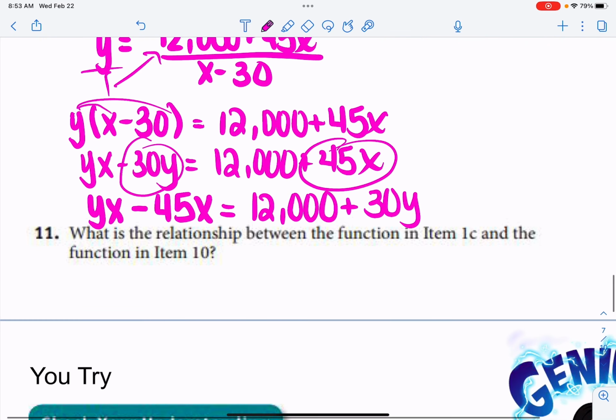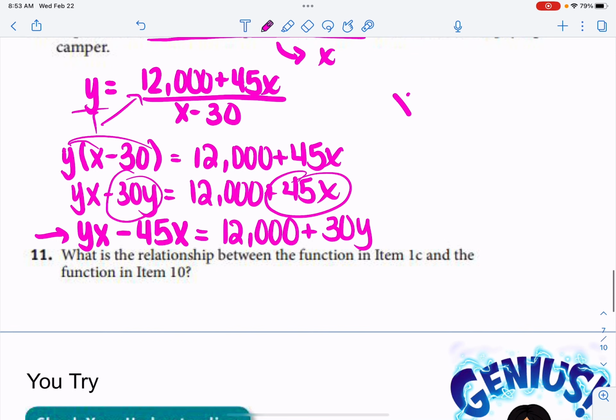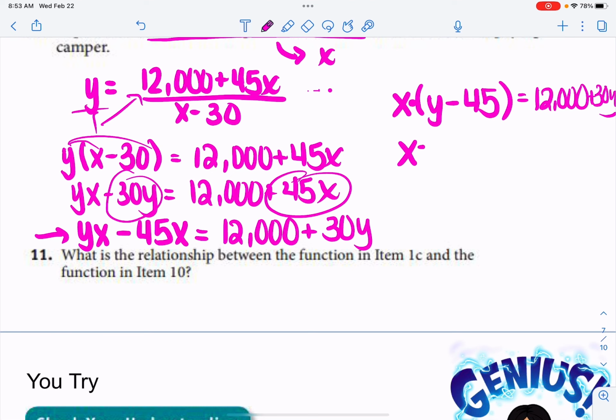And from this section, you're solving for x. What's the GCF? The GCF is x. So I'm going to pull out an x, and I'm going to be left over with y minus 45. And that's going to equal 12,000 plus 30y. And then remember, this is just multiplying, so to solve for x, I'm finally going to divide.